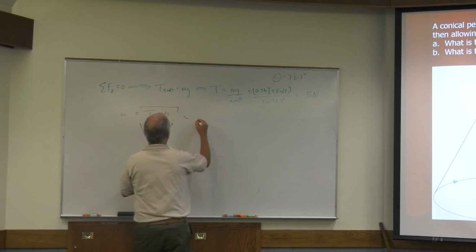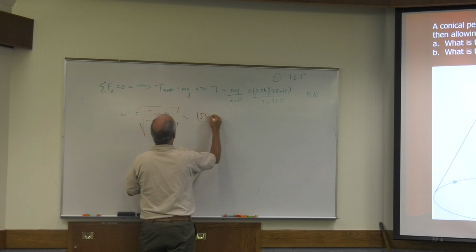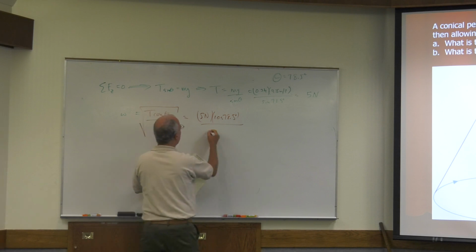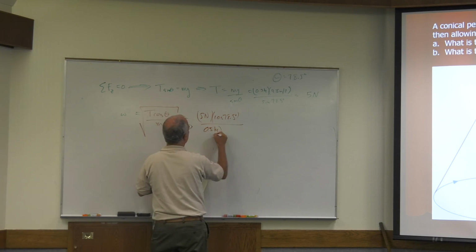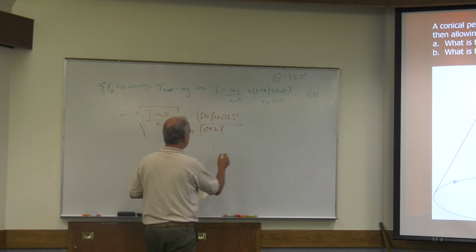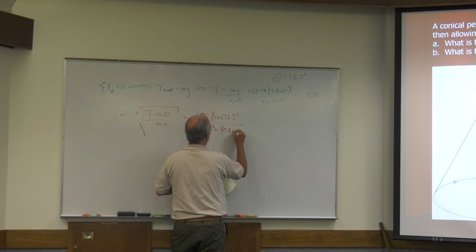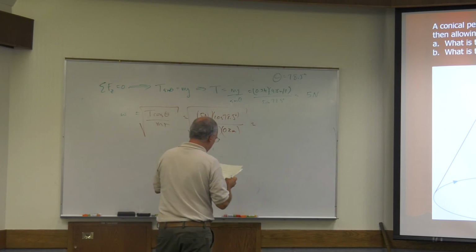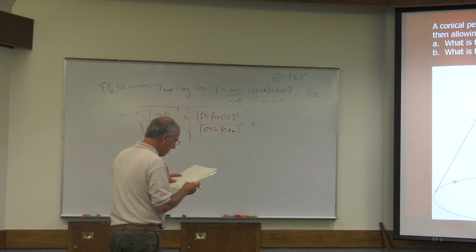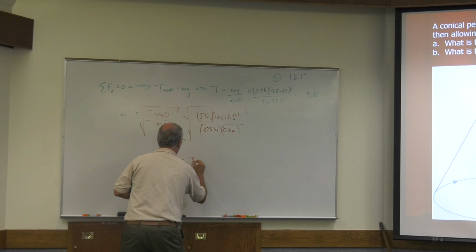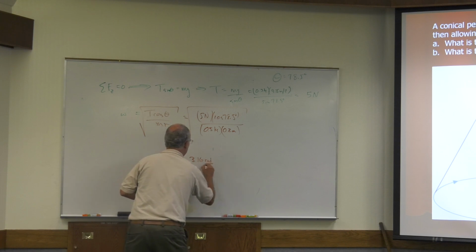So 5 newtons times cosine of 78.5, mass is 1/2 kilogram, radius is 0.2 meters, square root. Oh, but wait a second. So the answer here is going to be 3.16 radians per second.